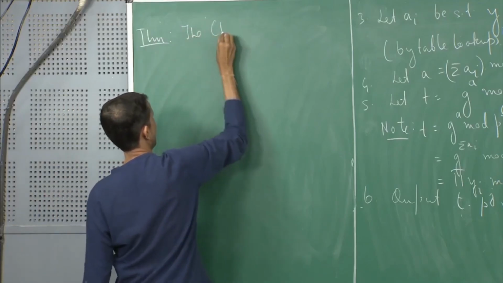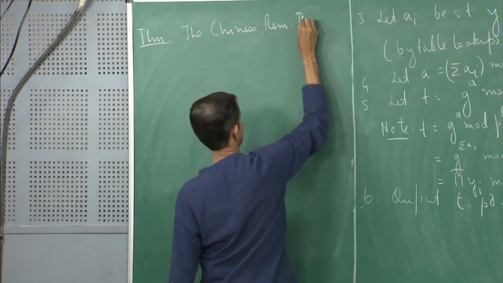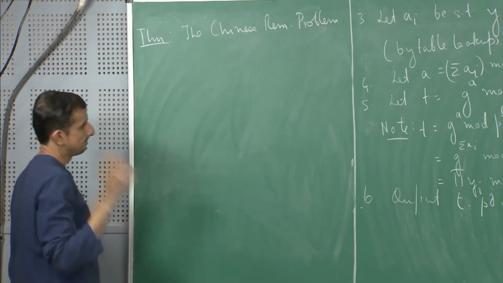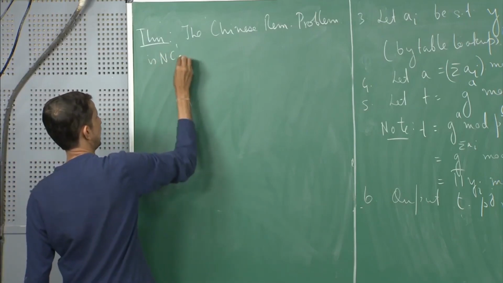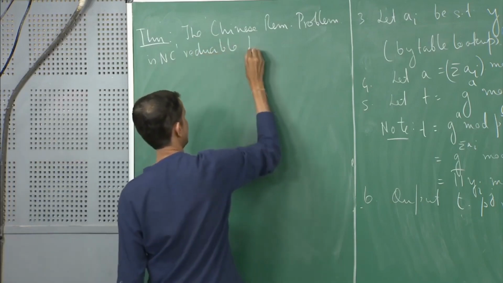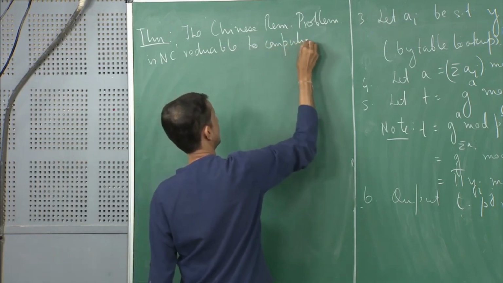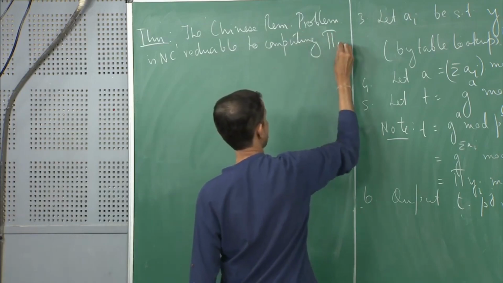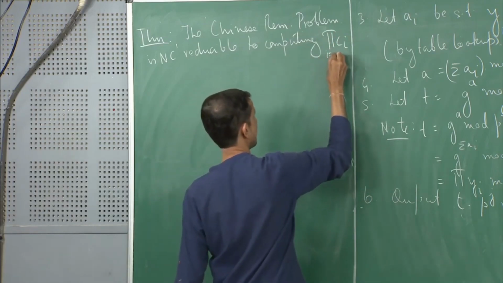the Chinese remaindering problem is NC1 reducible to the problem of computing these product of Ci's.